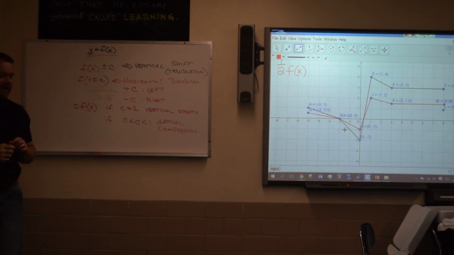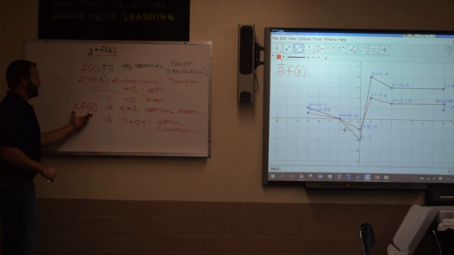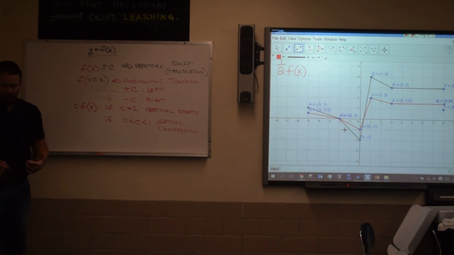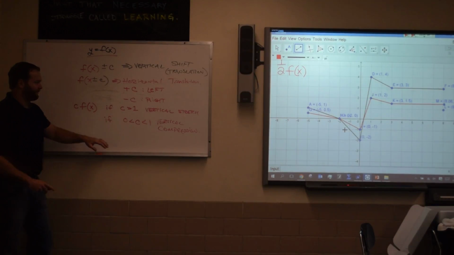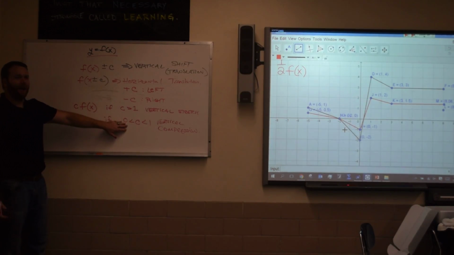So that's when we multiply by some constant out in front. Now, kind of think about the numbers we've used here. Obviously if I multiply by 0, that's why we don't include 0. If I multiply by 0, the function just goes away, right? It gives me just the x-axis basically.